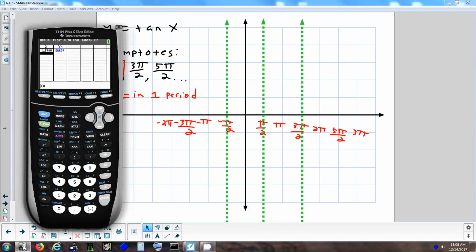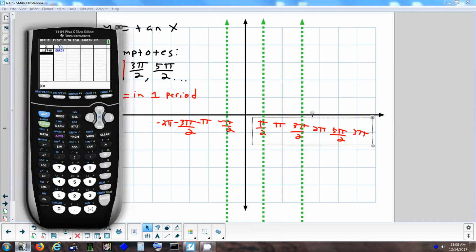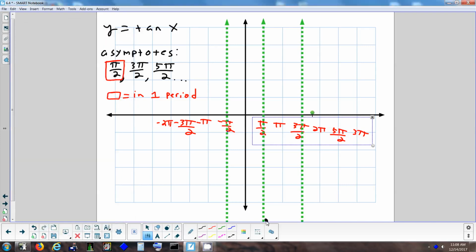Okay, 1.57. I'm going to go just a little bit past 1.57. So what would be a good number that's just past it? Yeah, 1.58. Something really close. At 1.58, I'm down at negative 108. So, way down.